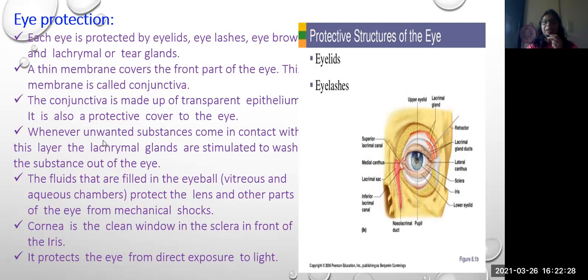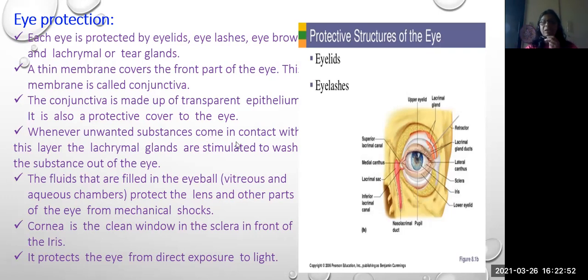You know already the epithelium layer is present as an upper layer on each and every part of the organ, isn't it? So here also there is a transparent epithelium layer which covers the front part of the eye and acts as a protective layer.